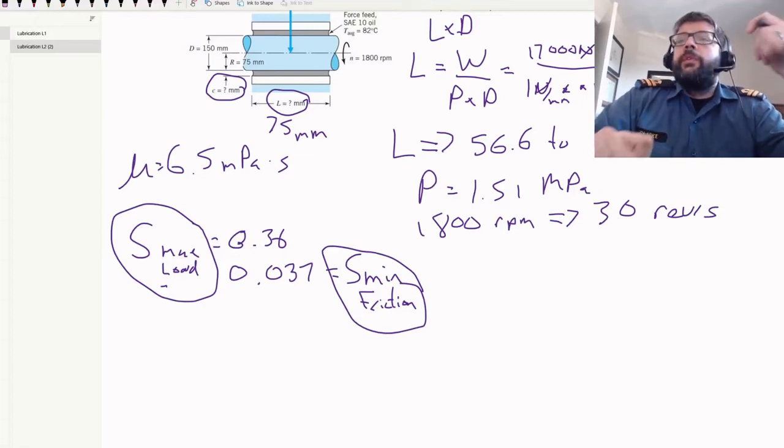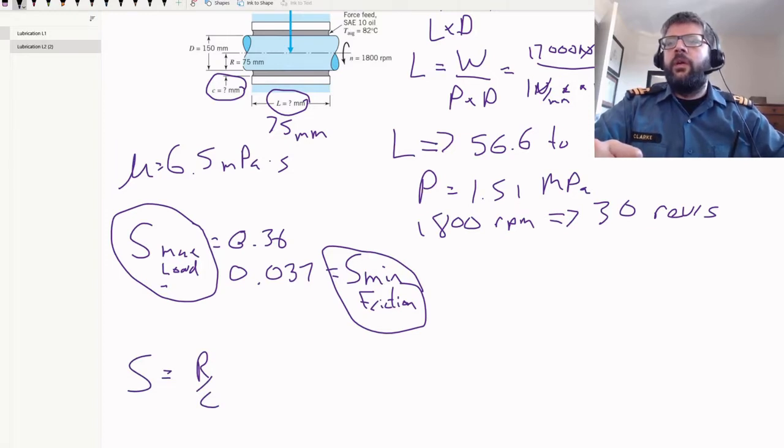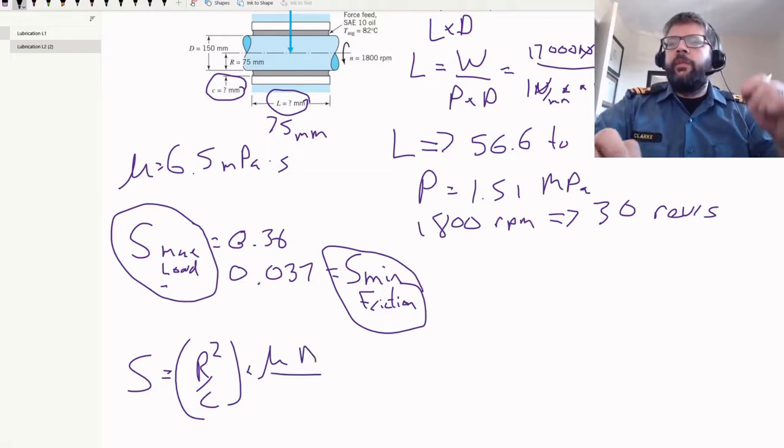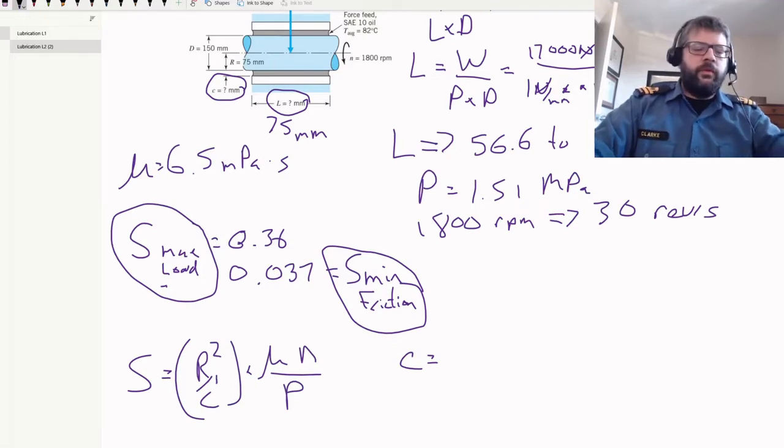So what clearances would those correspond to? Let's see here. I've got to keep in mind our S is equal to R over C squared times the viscosity times the rotational speed in revolutions per second divided by P. Actually, sorry, forgot, this squared should have been on the outside, so R squared over C squared.